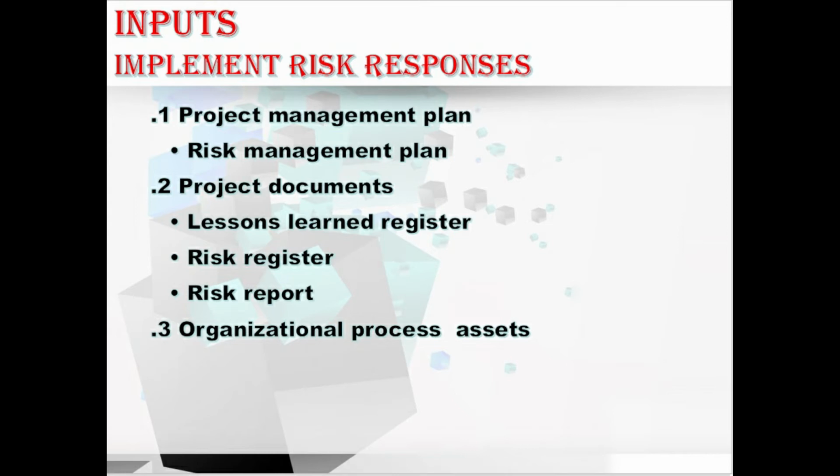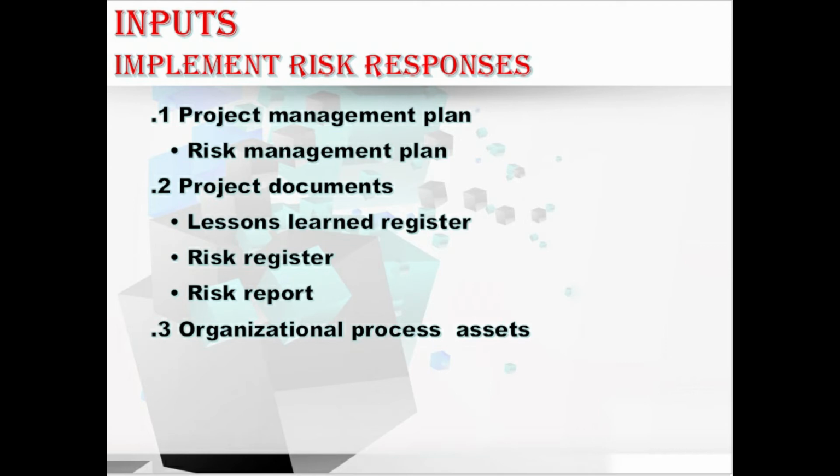Moving to the risk register. Here, the risk register records the agreed upon risk responses for each individual risk and the nominated owners for each response plan. Moving to the risk report. Here, the risk report includes an assessment of the current overall project risk exposure as well as the agreed upon risk response strategy. Hope you understood about this input of implement risk responses.